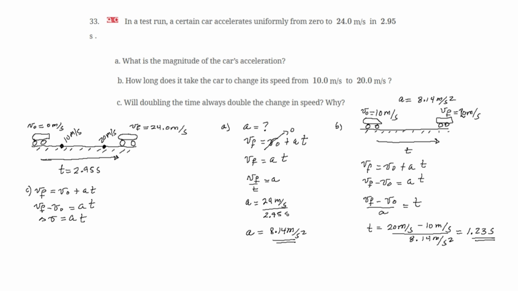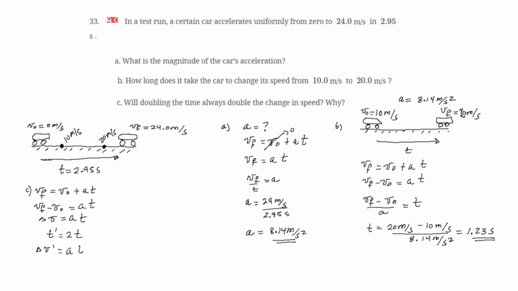Now what they say is, if you double the time, will that double the speed? Well, we double the time. So we say that I have a time t prime that is equal to 2 times the time t. And then I can say that my new variation of velocity, delta v prime, is equal to a times t prime.